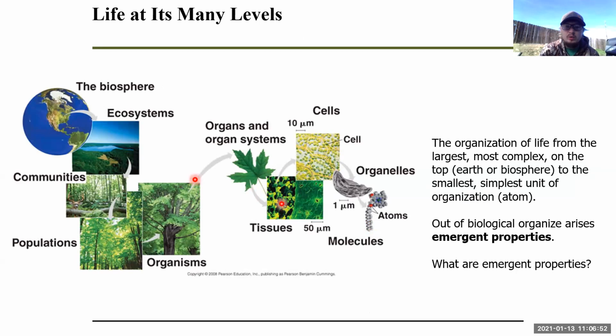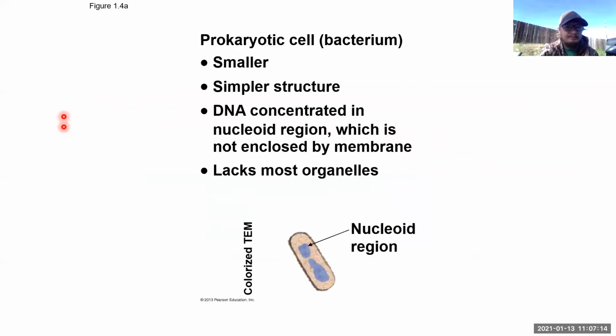Tissues will make organs and organ systems. Those organs and organ systems will make organisms. Organisms together will make populations. Multiple populations make communities. Communities with the abiotic environment will make ecosystems. And then all of your ecosystems make up the biosphere.